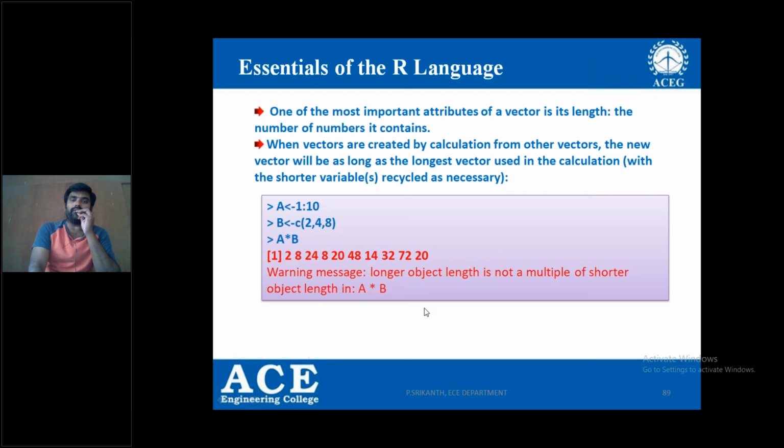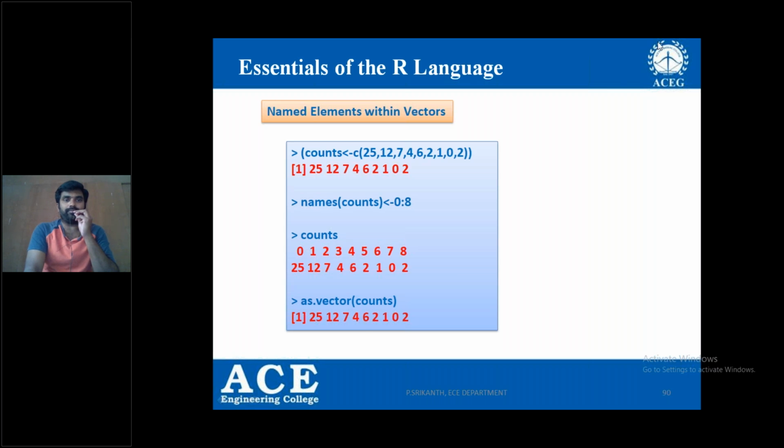Here, longer object length is not a multiple of shorter object length. It throws the warning, but it returns the value. Whether it is right or wrong, it returns the value, and at the same time it returns the warning message. So you have to be cautious while deciding the length of the vector when doing operations. That is the main intention here.